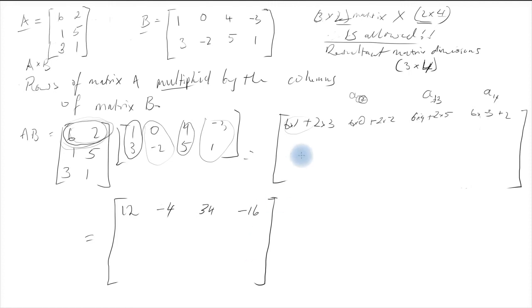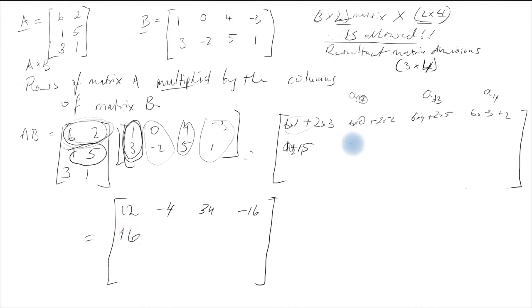Now this next spot here is A2,1. So we've got the second row, first column. So 1, 5 times 1, 3. So 1 times 1 gives 1, plus 5 times 3 is 15. 1 plus 15 is 16.